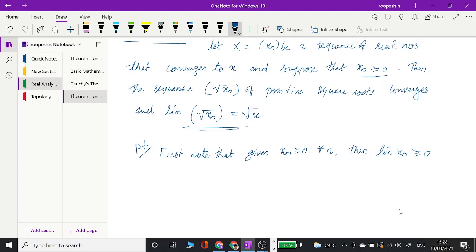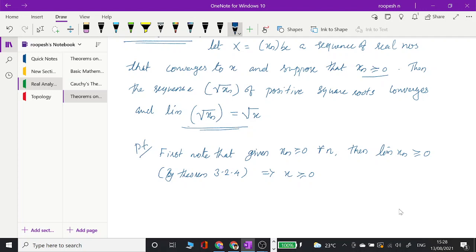This follows from: if every term of the sequence is greater than or equal to 0, then the limit of that is also greater than or equal to 0, by theorem 3.2.4, right? So this implies that our x value is greater than or equal to 0.